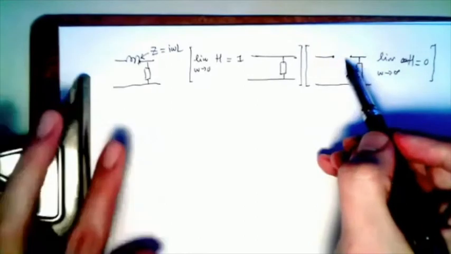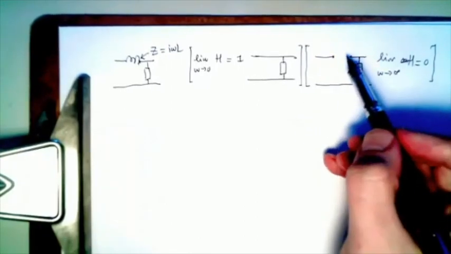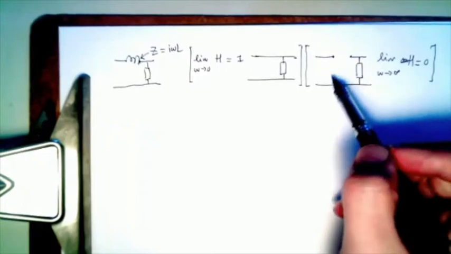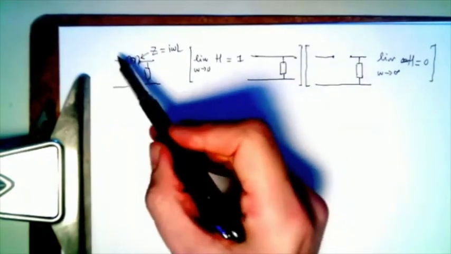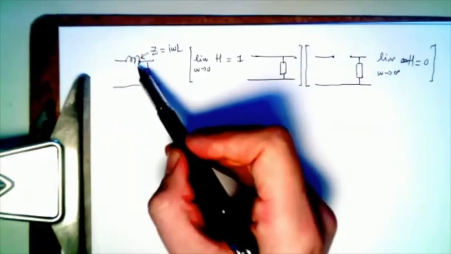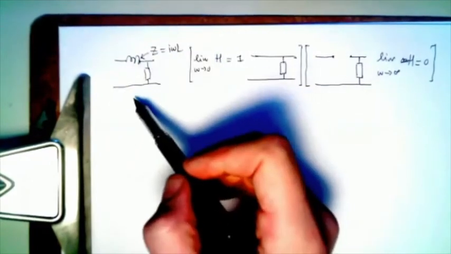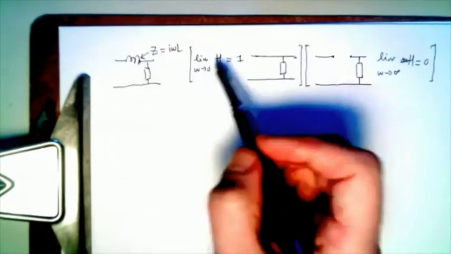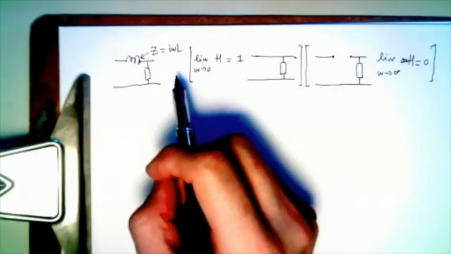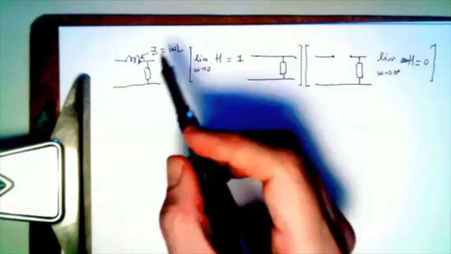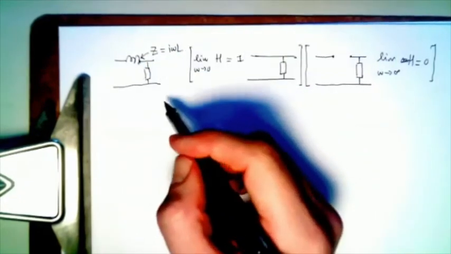Because at high frequencies, this thing is just an open circuit. So there's nothing that can go through here. The current can't go through. So if you see this, you should see, hey, by the way, at low frequencies it's a wire, everything's going to come through. Therefore, this is a low pass filter. And you don't even need to calculate the characteristic transfer functions and everything. The only thing you want to make sure that you pay attention to is the crossover frequency.